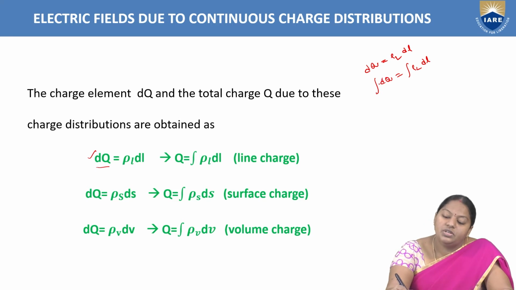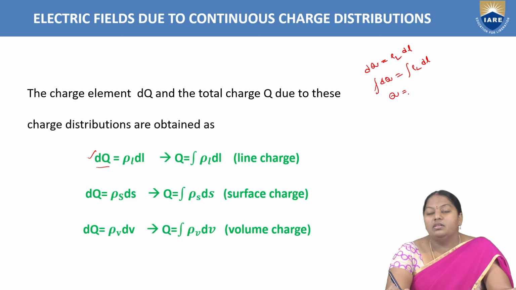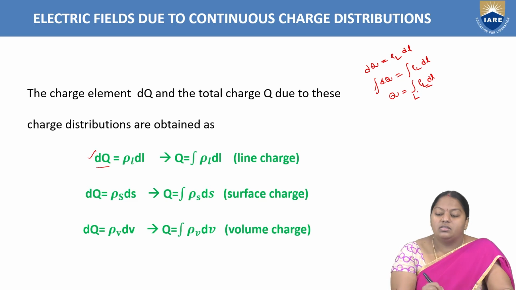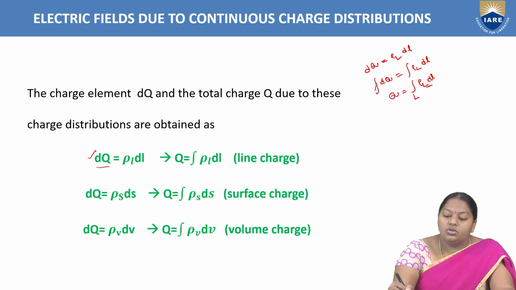Here the differentiation and integration cancel, and the remaining element is q. So q equal to integral rho L dl, where the integration is with respect to L, which stands for line. So q equal to integral over L of rho L dl. This is for line charge.